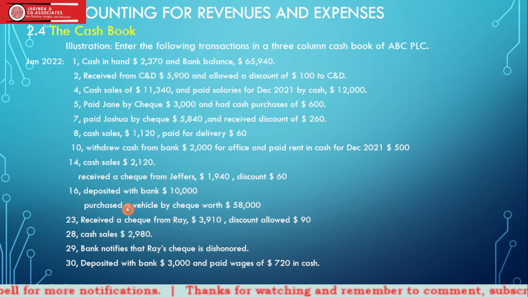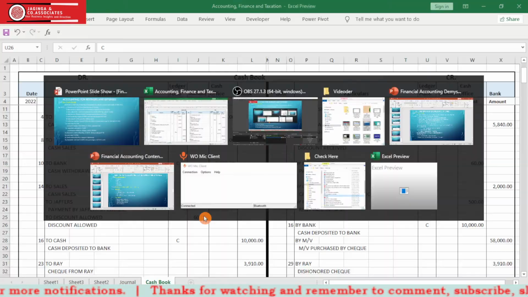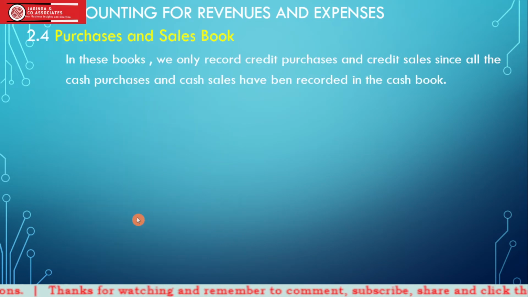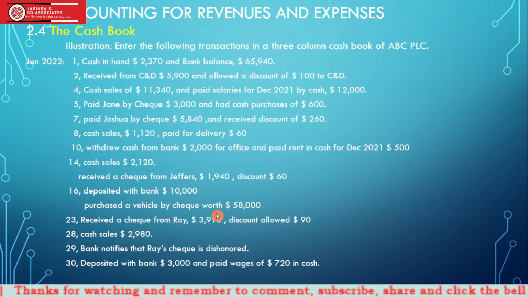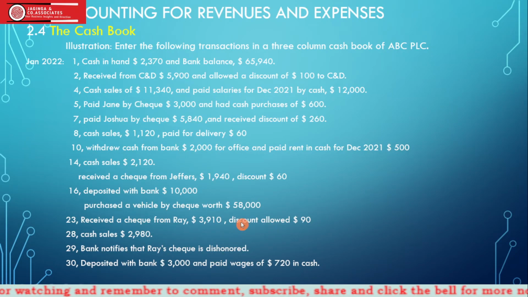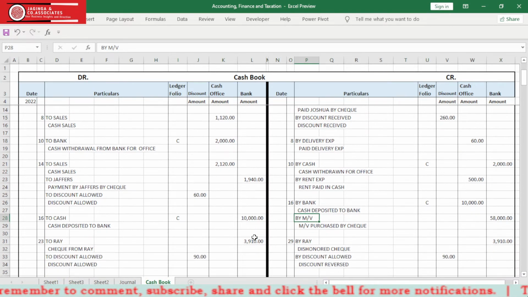And then we had purchased vehicle worth 58,000 in checks. This one was bought in check, and then received check from rate 3910, and discount was 90. So 3910 is down here.